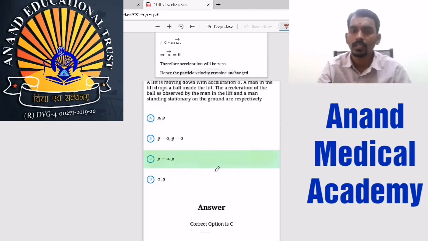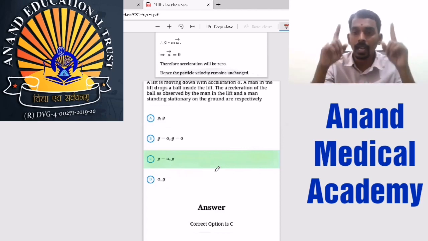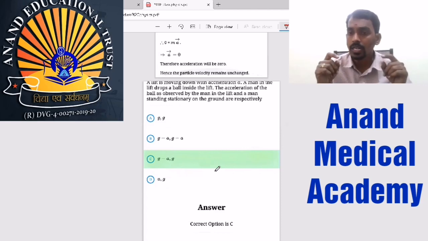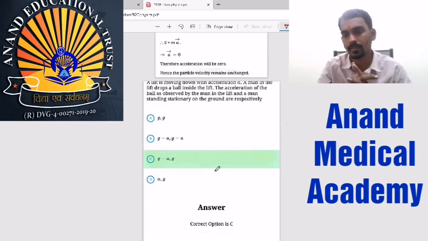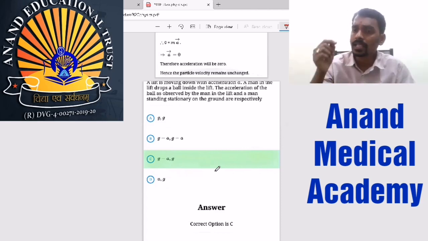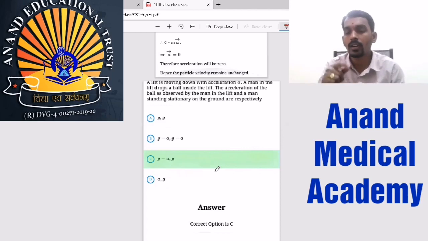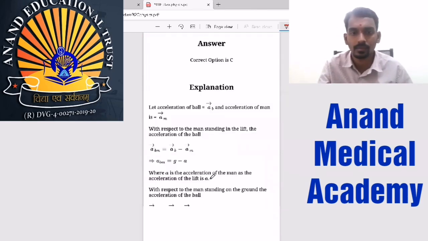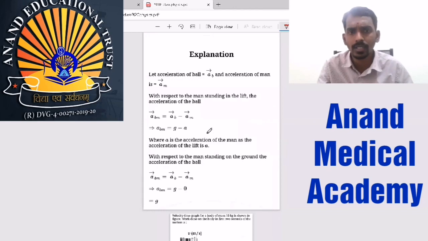In the initial case, accelerating up or decelerating down means acceleration is up, so g minus a. If it is accelerating down or decelerating up, then acceleration is down, so g plus a. If acceleration is not there, then g only. So that is what they mentioned here in vector form clearly.